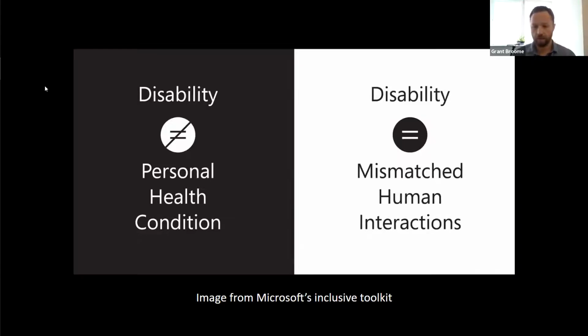And because these tools allow people to have unfettered access to the web or to applications, what we typically find is that the barriers that they do find to access aren't presented by the software, they're not presented by their own disability, they're presented by things that we do wrong.